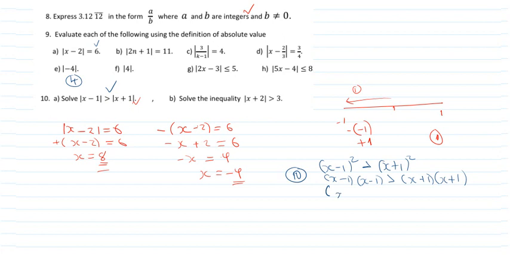So we have x squared minus 2x plus 1, then less than x squared plus 2x plus 1.